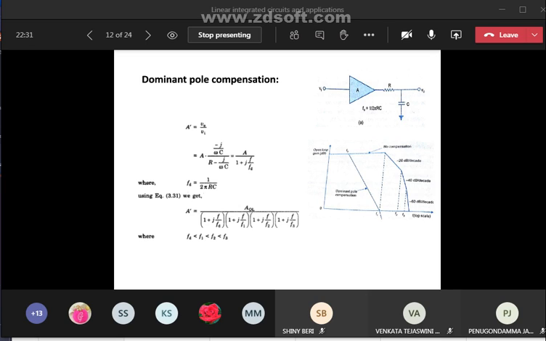So V0 by Vi equals minus jXc by R minus jXc.